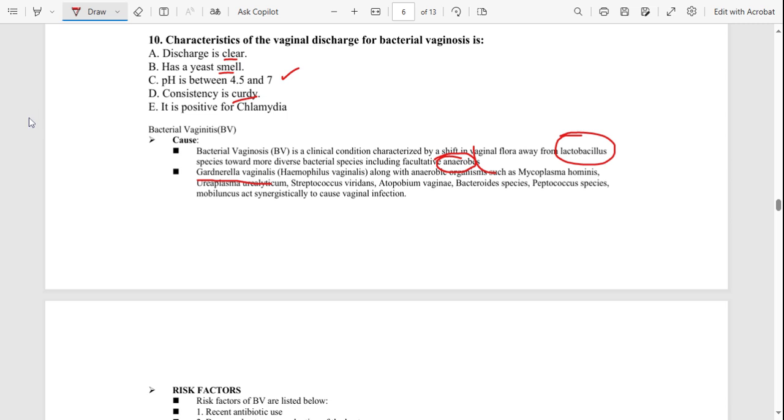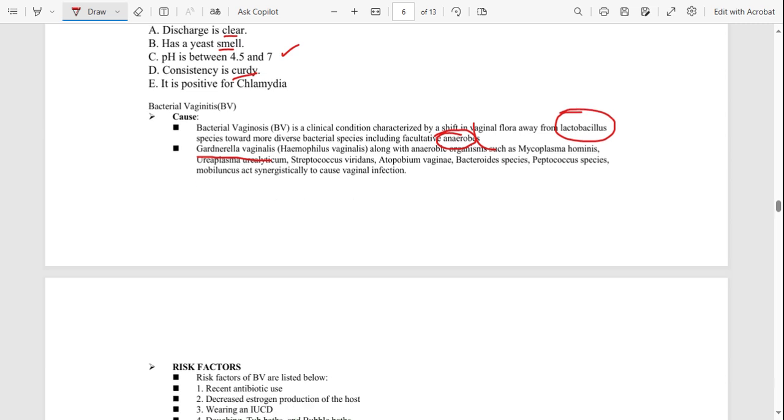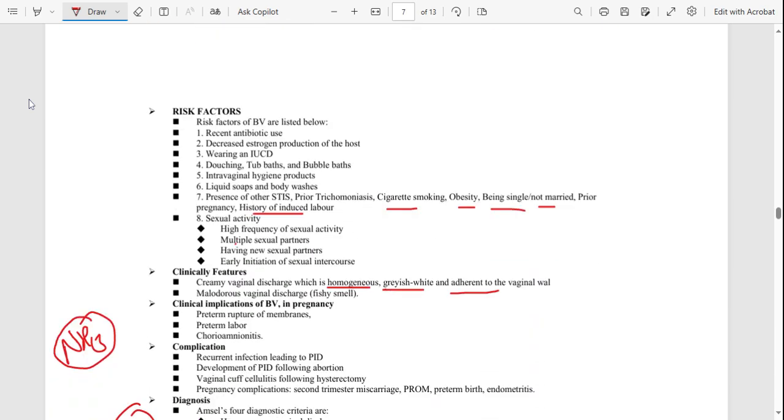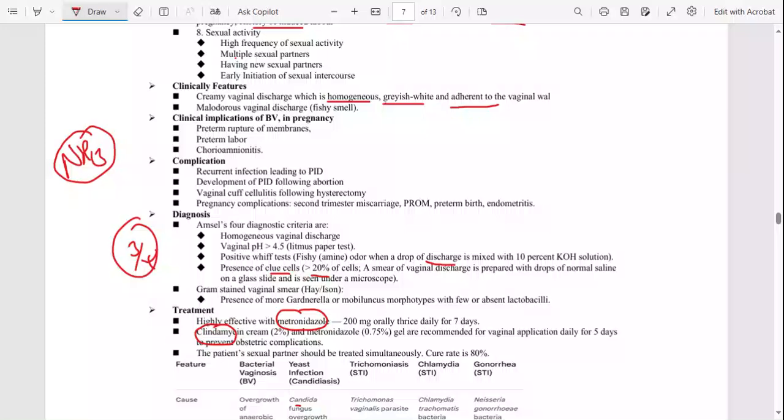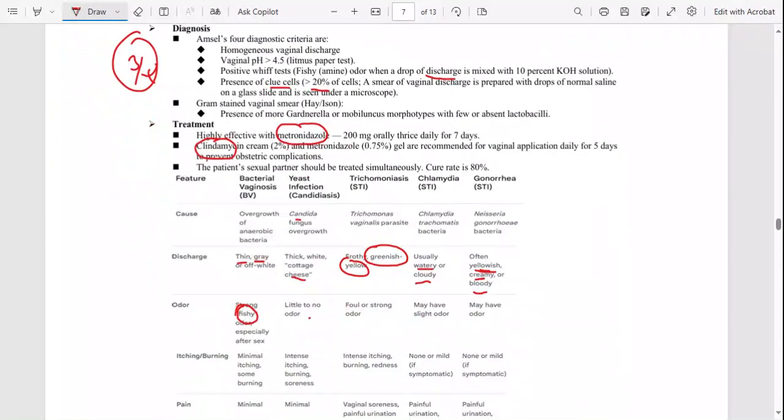When you're talking about the curd-like, we are referring to candidiasis. And it is positive for Gardnerella. So I hope we've at least reviewed that.